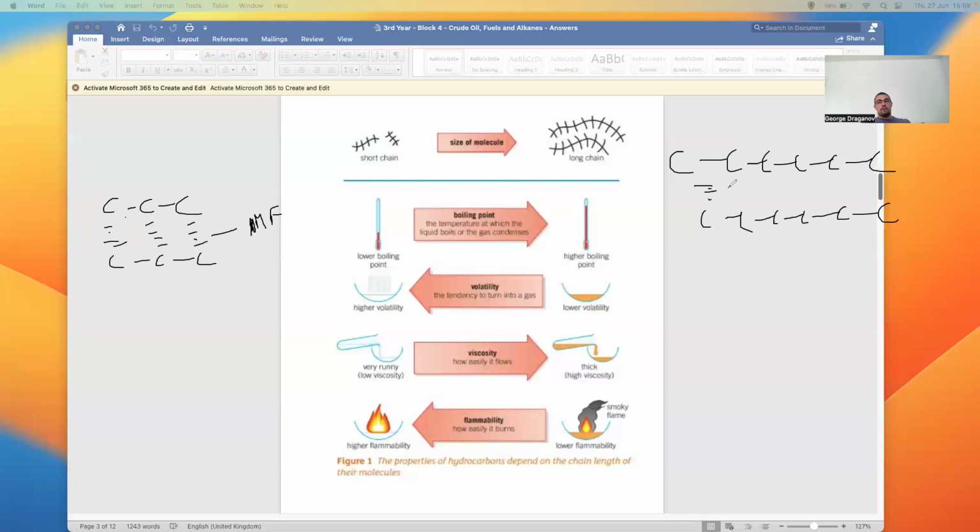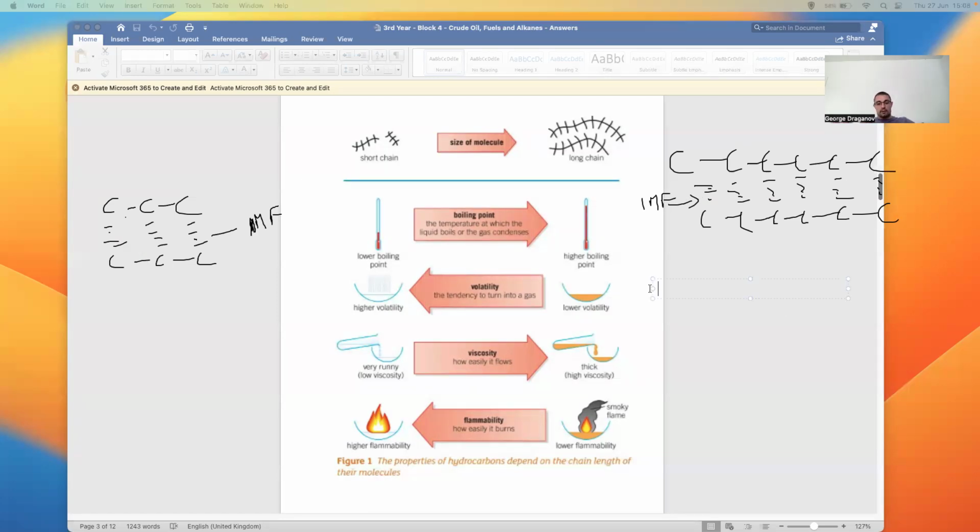Can you now see how there's many more intermolecular forces, which makes them stronger? So for an exam setting, you can just say long chain molecules are bigger, so they have stronger intermolecular forces, therefore require more energy to break.